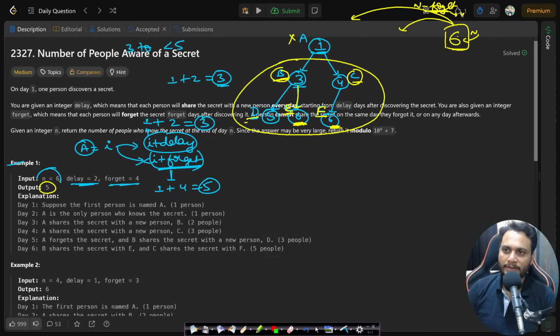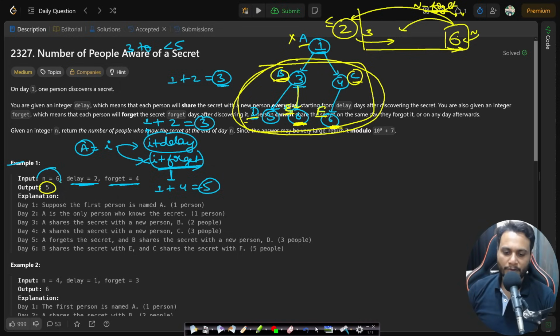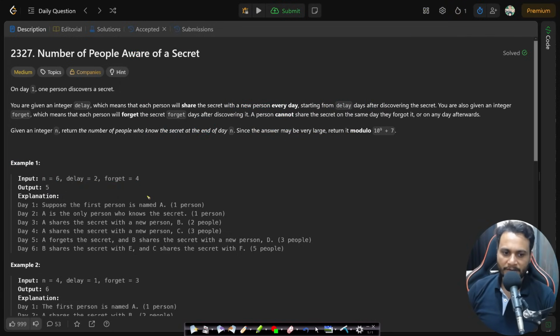So n minus forget, 6 minus 4, is 2. So after this day 2, everyone will be knowing about the secret. So after this day 2, all these 5 nodes are actually covered: B, C, D, E, F. But A is outside of the range, isn't it? It is less than or equal to 2, and that is why it will not be considered. So this is the important part in understanding the problem. I think it is clear now.